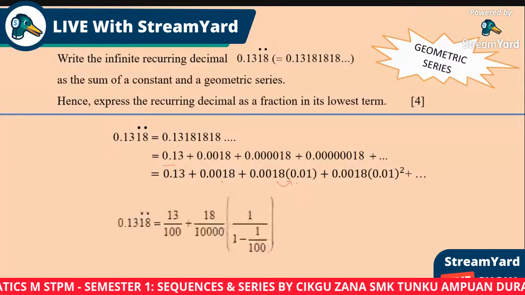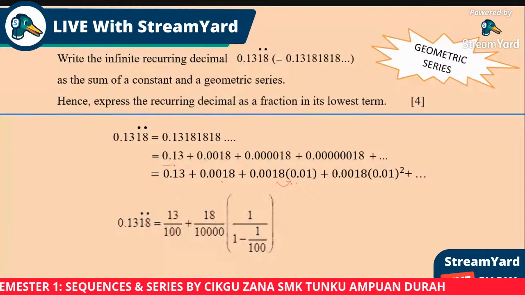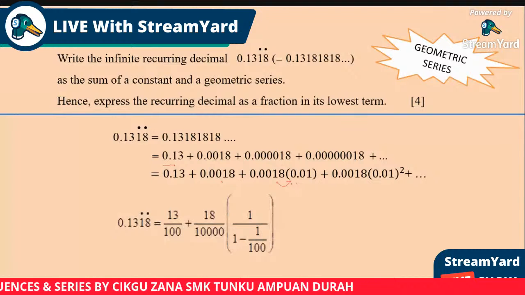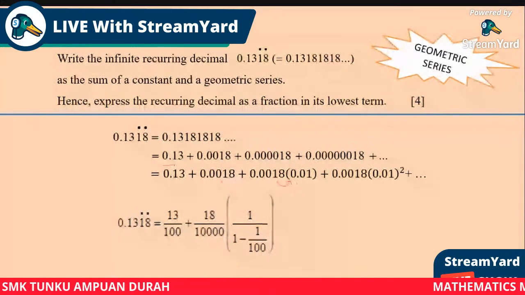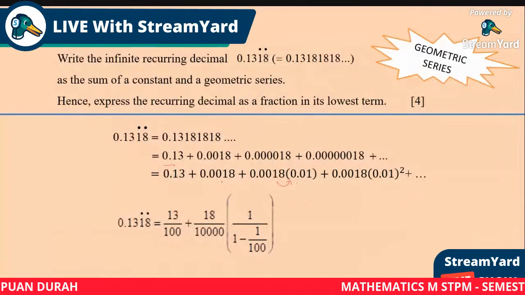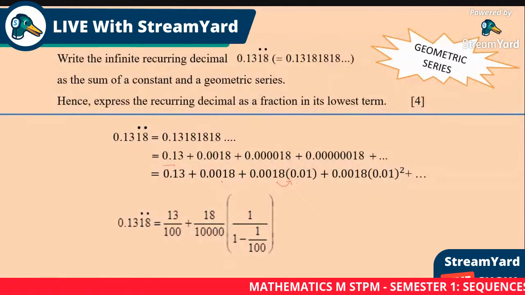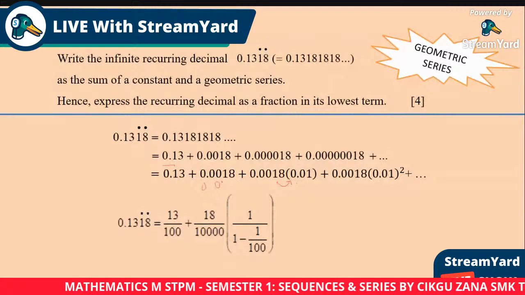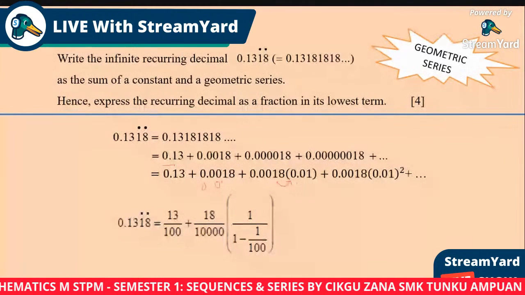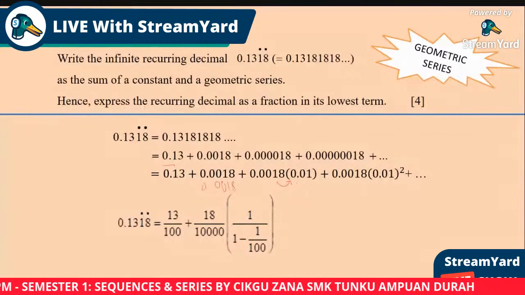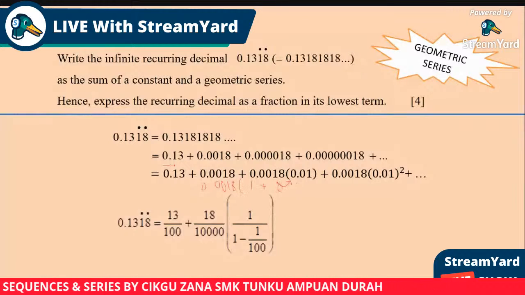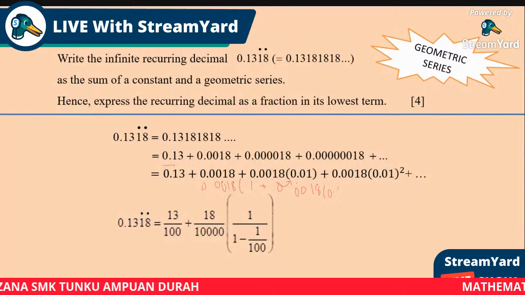Okay, since they want the fraction in its lowest terms, we change this to 13 over 100. This becomes 18 over 10,000. This is the sum of a geometric series. I can actually take out 1 plus 0.0018 times 0.01.